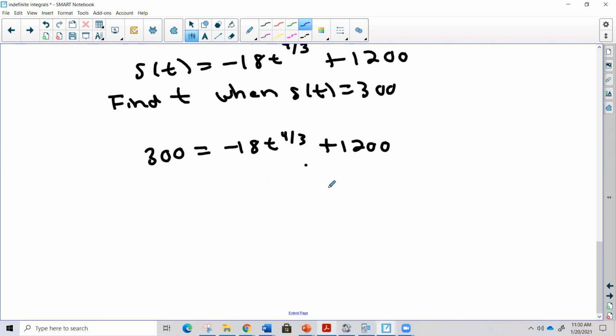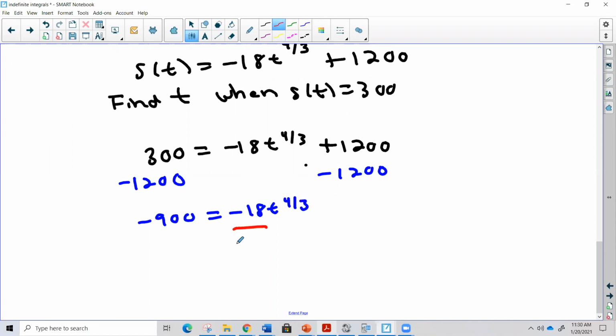Okay, so the first thing I'm going to do is move the 1200 that's being added. Okay, and 300 minus 1200 is -900. Okay, then I can divide both sides by -18.